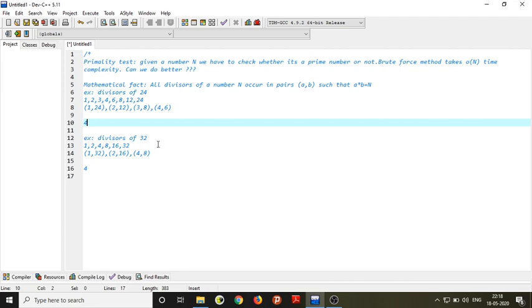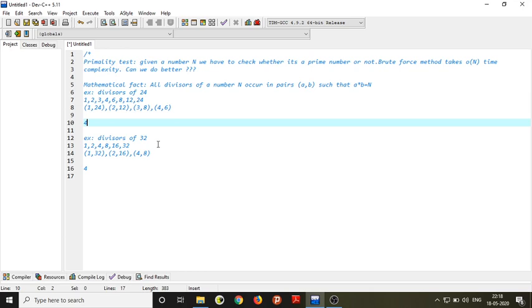We can check up to root n. If we have a number n, one divisor will always lie below root n, and the other divisor will always lie above root n. One divisor can be less than or equal to root n, and the other can be greater than or equal to root n. So they always occur in pairs.